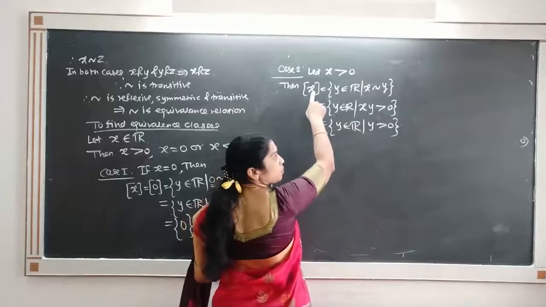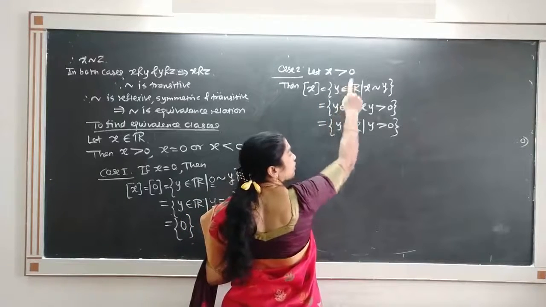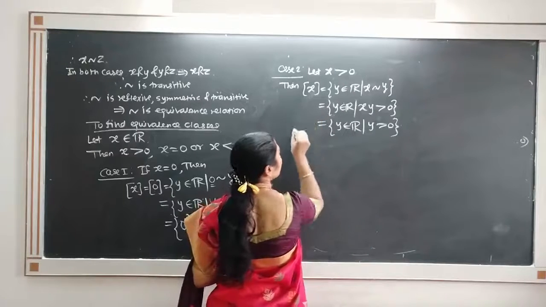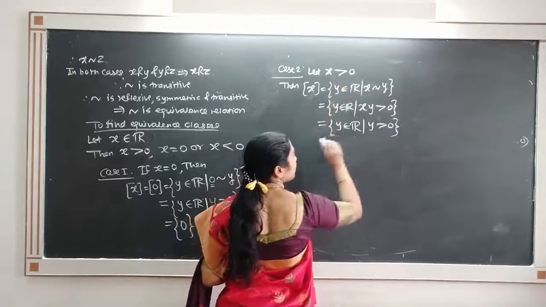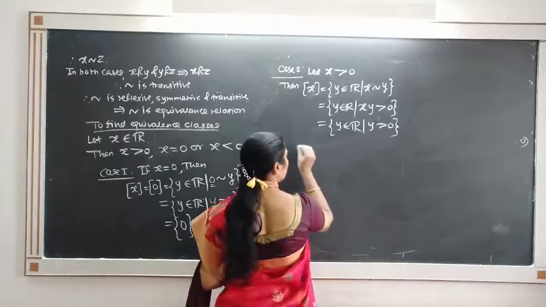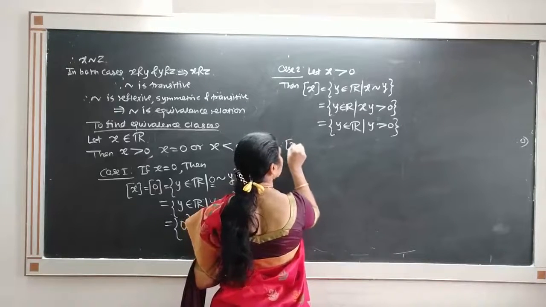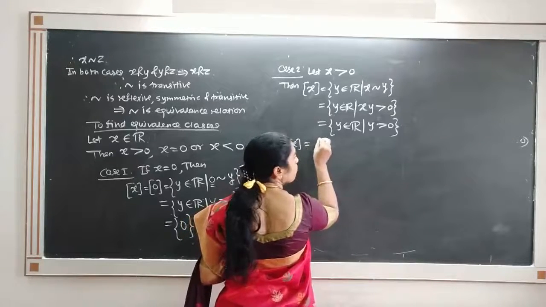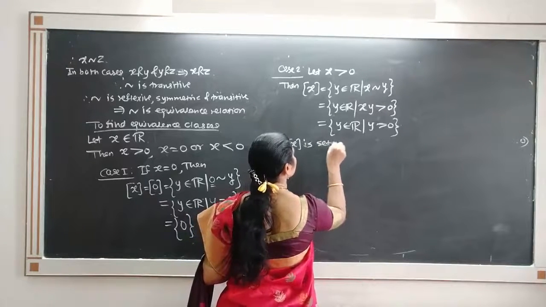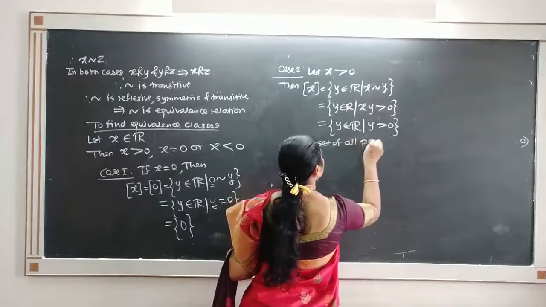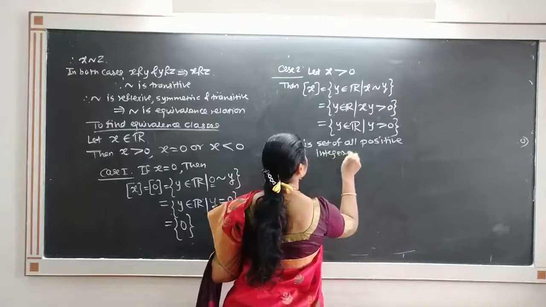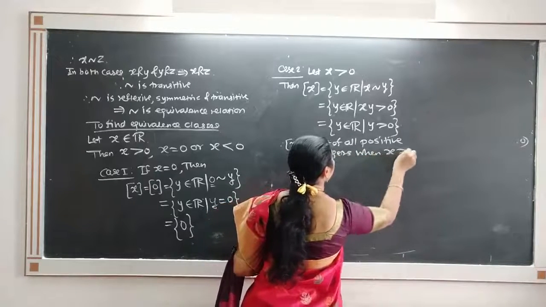So equivalence class of x, that is equivalence class of positive integers, also consists of only positive integers, and therefore equivalence class of x consists of all positive elements when x is greater than 0.